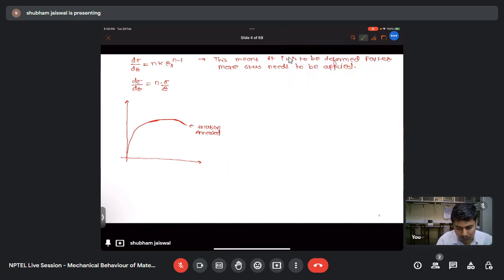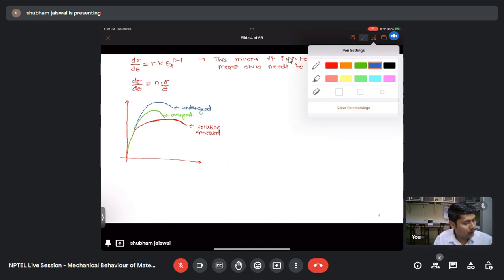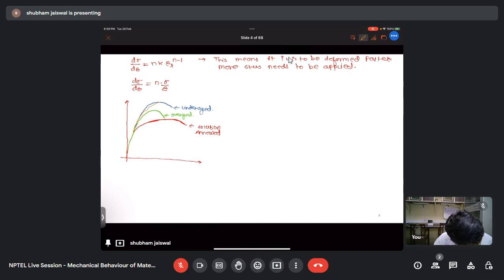Let's say this is my overaged, and let's say this is my underaged material, and this is the graph for peak aged.